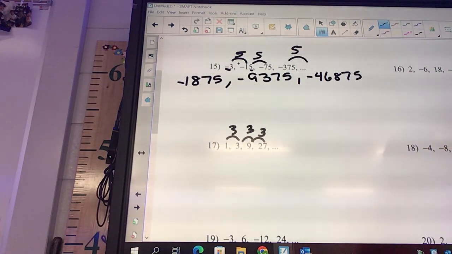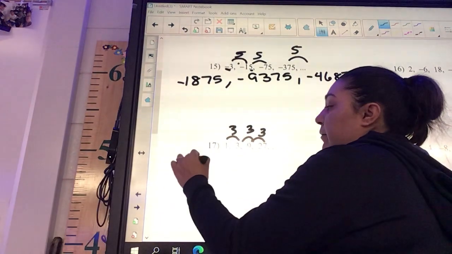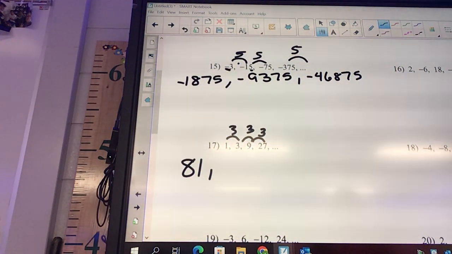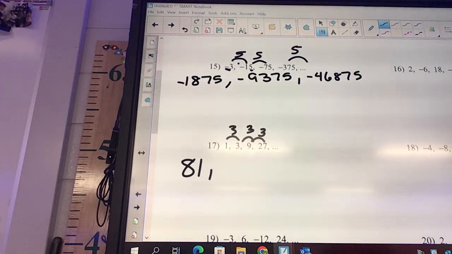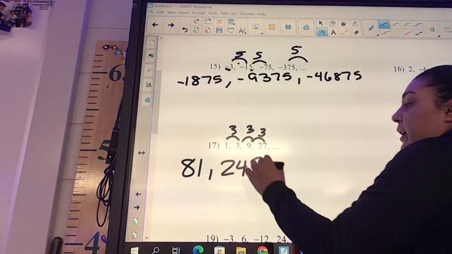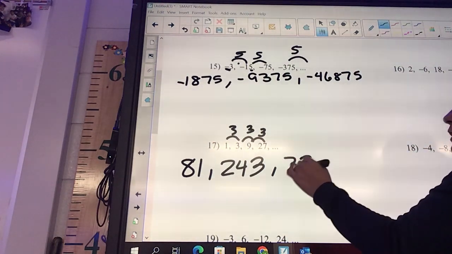So now you're going to say 27 times 3. 81. Okay, and again, on your calculator, don't erase, just hit times 3, and write them down, okay? So 81 times 3, 243, and then times 3, 729. Perfect.